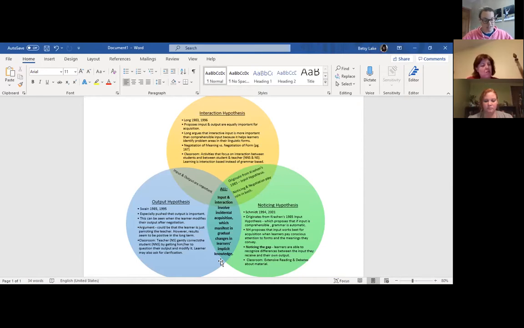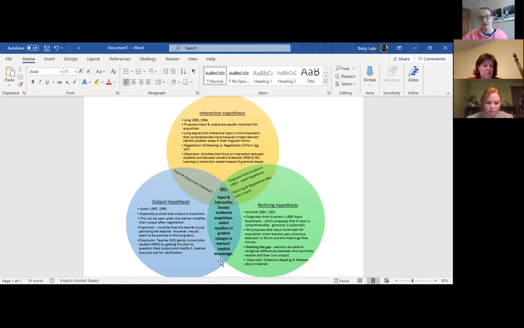His output was then examined to see to what extent the noticed forms turned up in his communicative speech. In nearly every case, the forms that Schmidt produced were those that he had previously noticed in the input. Schmidt also reported that he noticed the differences between his own attempt to produce Portuguese and the native speaker input he was exposed to, which he called noticing the gap.